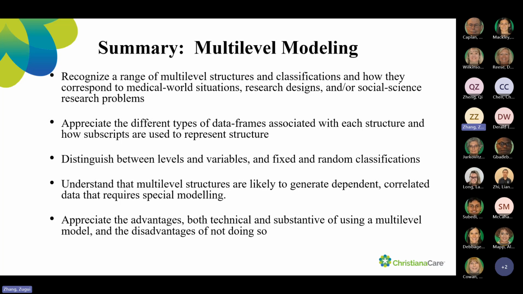But multi-level modeling also has some disadvantages. For example, if the ICC value is too small, we can say running multi-level modeling is not appropriate.